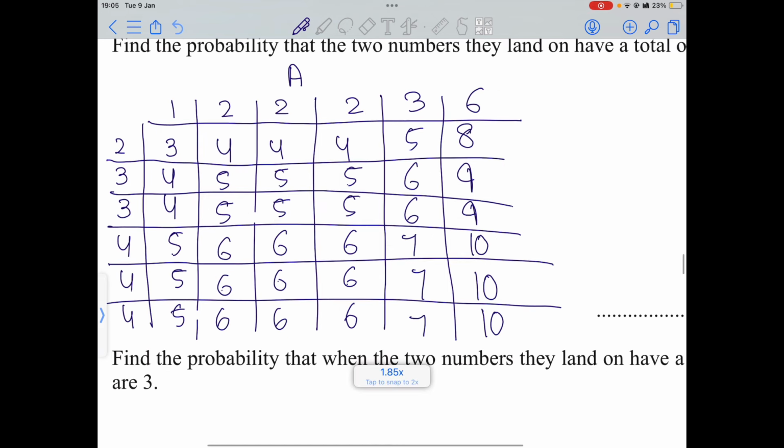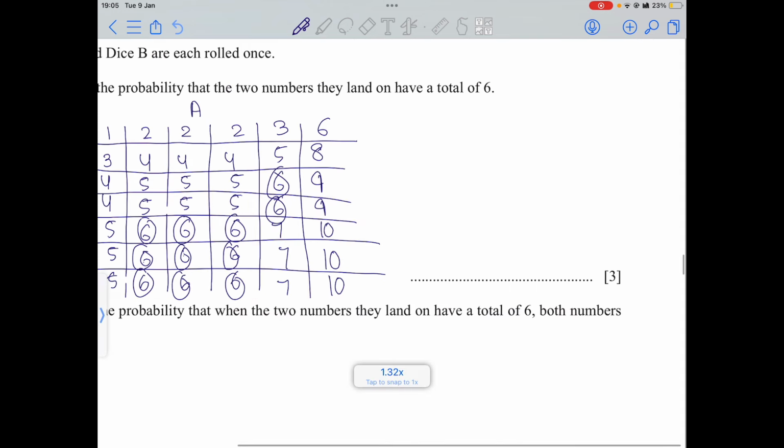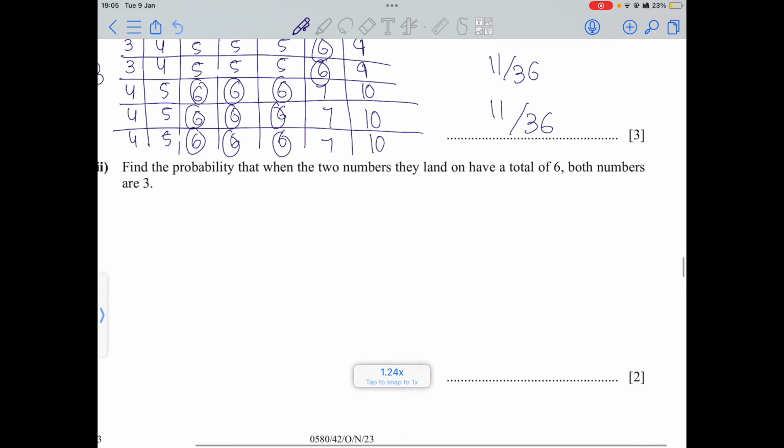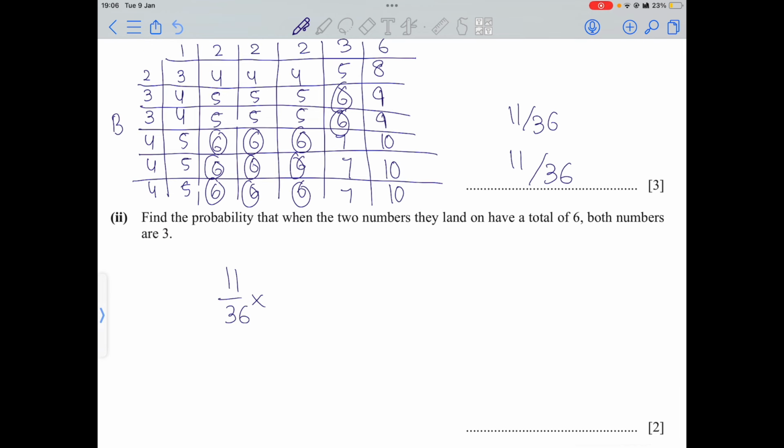Now in this, you can see that there are approximately 1 2 3 4 5 6 7 8 9 10 and 11. So 11 out of 36 total outcomes could land on a total. Now the two numbers that have a total of 6, both numbers are 3. So basically they're only both numbers are 3.